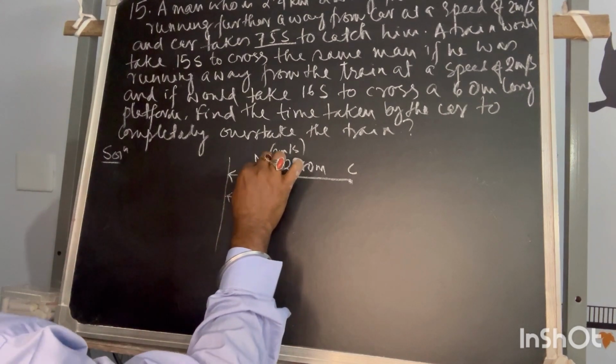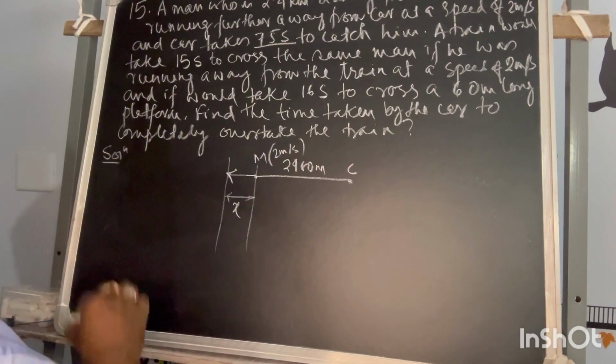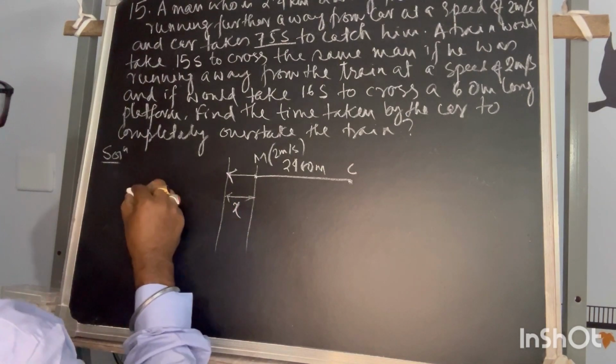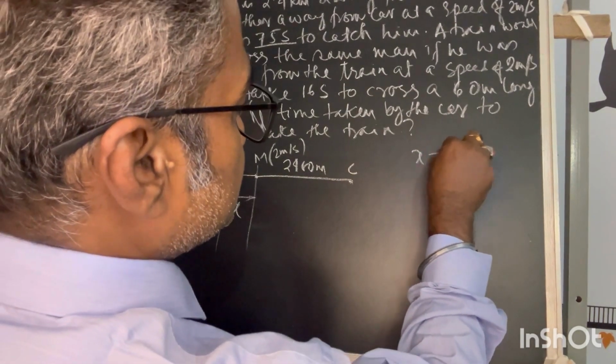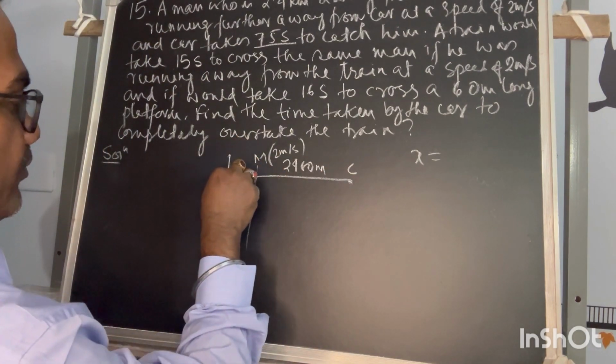So the initial distance is this, and after that he has moved away from the car. So how much is this x distance? x is the distance he moves before the car catches him. This is the point of catch.